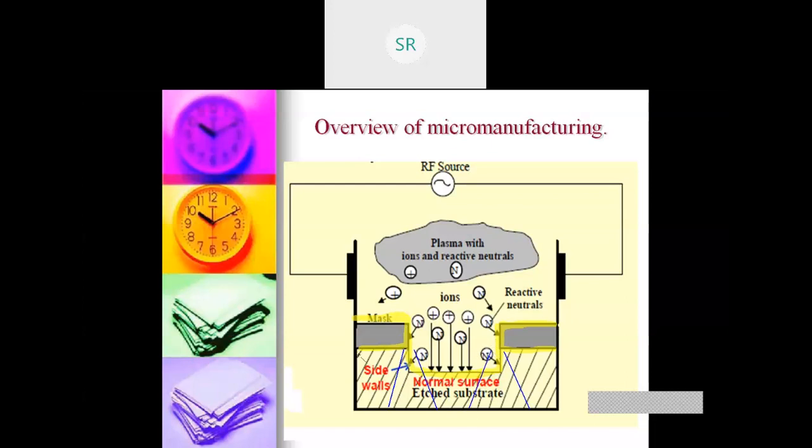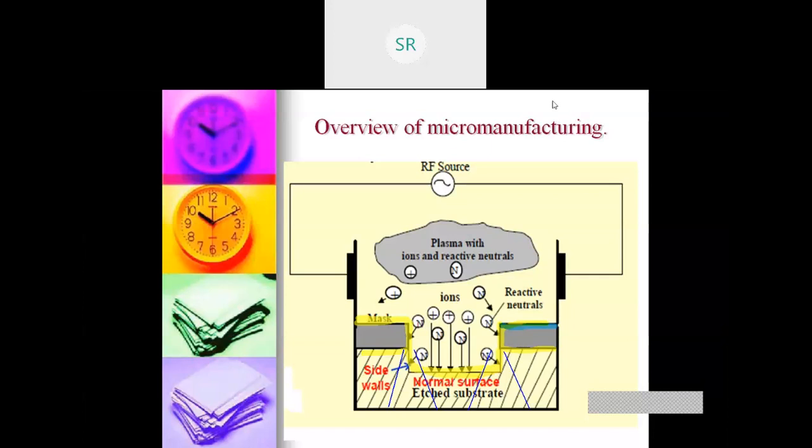I wanted this shape, something like this shape, but because my etching may not be perfect, I can get a shape something like this, which is shown in the blue line. That should not happen.